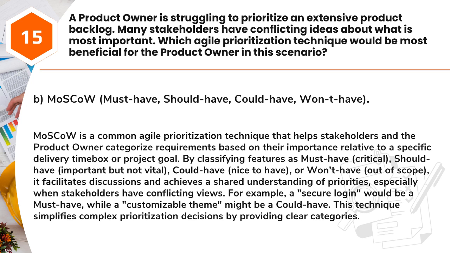By classifying features as must have, critical; should have, important but not vital; could have, nice to have; or won't have, out of scope, it facilitates discussions and achieves a shared understanding of priorities, especially when stakeholders have conflicting views. For example, a secure login would be a must-have, while a customizable theme might be a could-have. This technique simplifies complex prioritization decisions by providing clear categories.